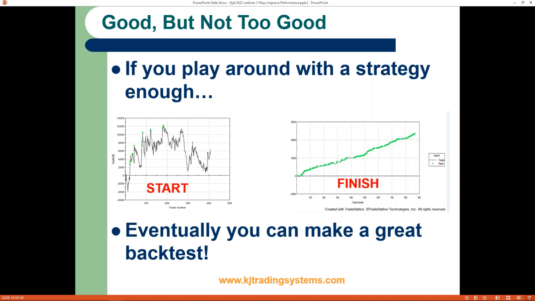But almost any strategy can be made with enough changes to look great. And that's the problem. That's the dilemma, where you want to make the back test look good, but not too good.